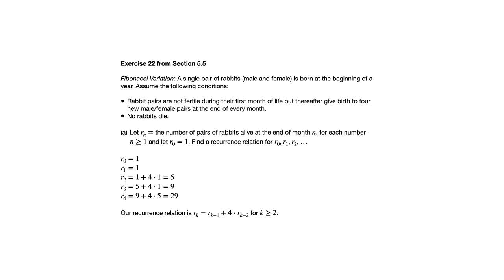Okay, now this is not the end of the problem. Part B is going to ask us to continue this process and compute r sub 5 and r sub 6. And actually, if you look at this problem in the textbook, the instructions are a little bit different, but it's asking us to go up through r sub 6.